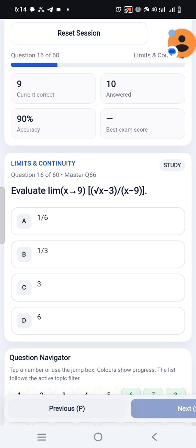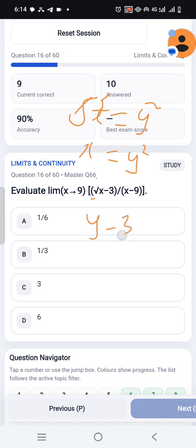So for this one, I'm going to use the same approach. My square root of x is equal to something. Let me use y. So my x is actually y squared. When I square both sides, the square root cancels the square, then x is equal to y squared. So whenever I see x, I'll write y squared. Whenever I see square root of x, I'll write y. So it is y minus 3 all over y squared minus 9.